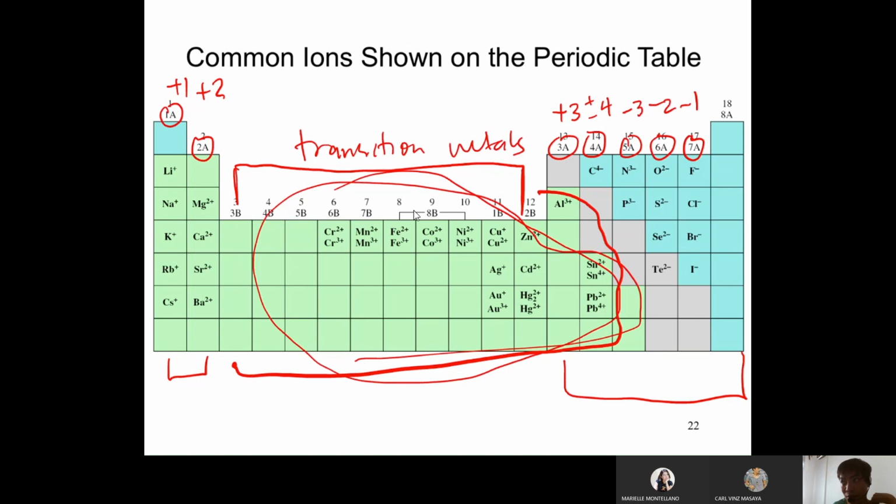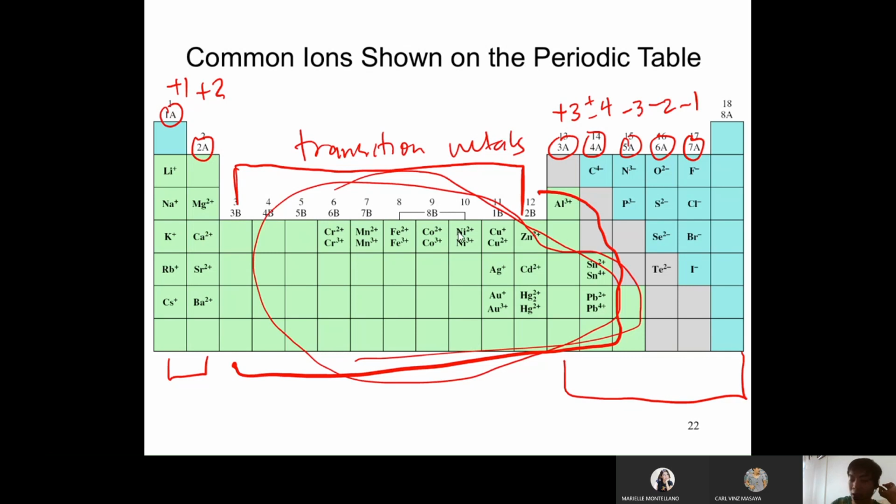And d orbitals are still easier to predict than f orbitals, which are down here. Those are harder to understand, so they didn't include them here. Anyway, the predictable charges are on the left side and the right side. The ones in the middle can form multiple charges, or multiple oxidation states, because they have d orbitals. So that's the idea.